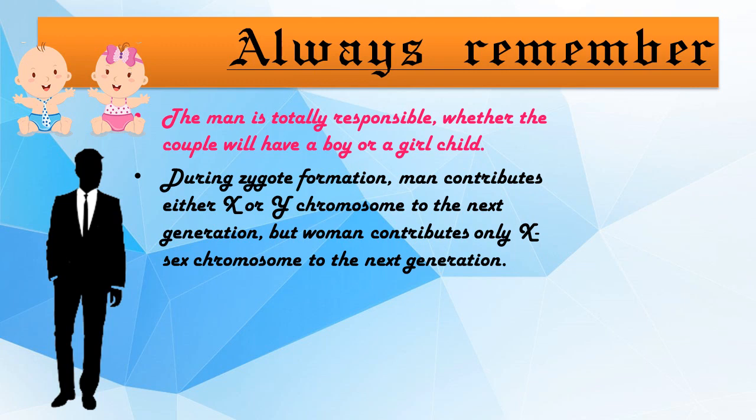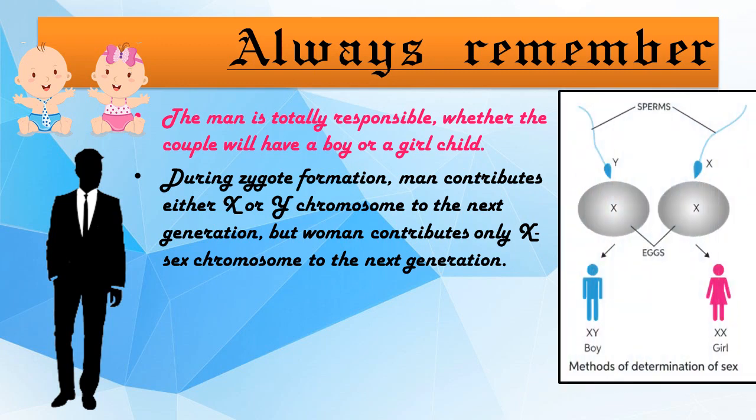Men have X and Y chromosomes, but women have both chromosomes similar, that is X. When a Y sperm unites with the X cell, it will form a boy child or male child.